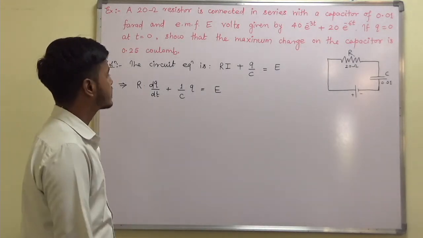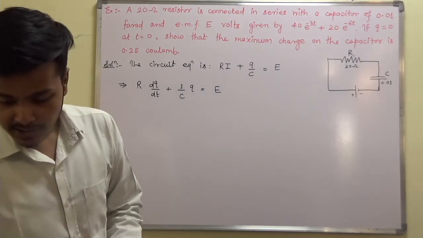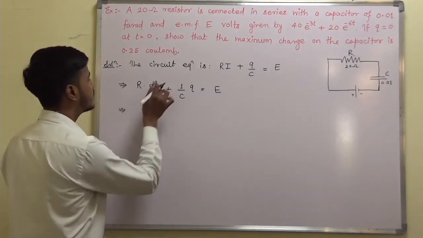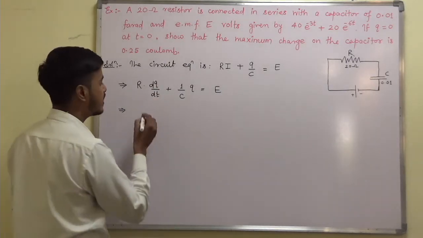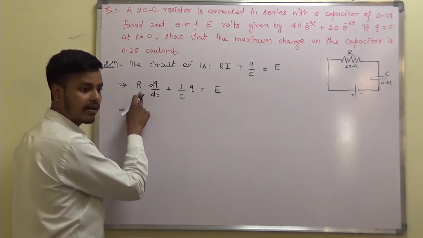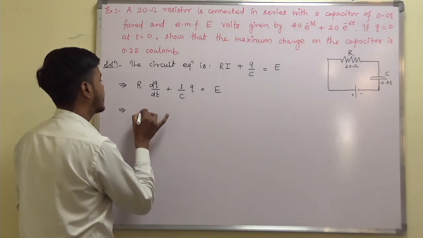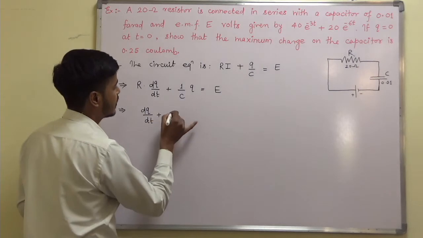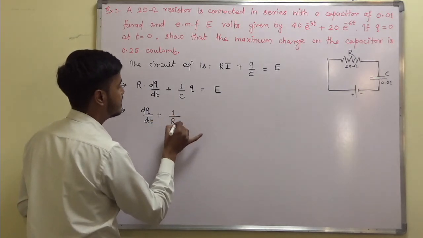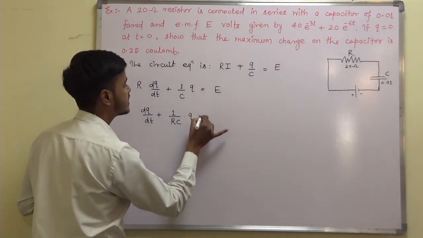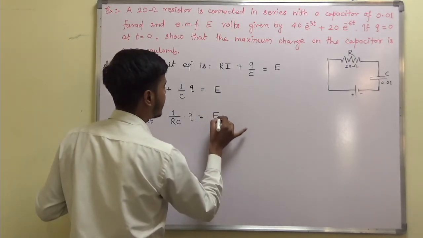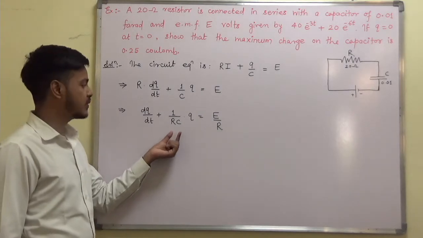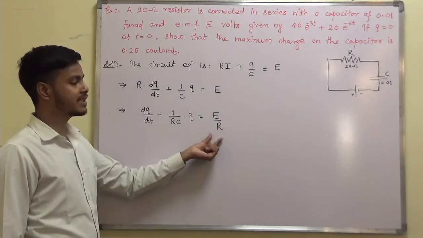Now you can substitute the values of this also, but before that you can just make the coefficient of dq/dt as 1 by dividing by R. So it is dq/dt plus 1 upon RC into Q is equal to E by R. Now you have all these values, so you can just find out these values and substitute over here.